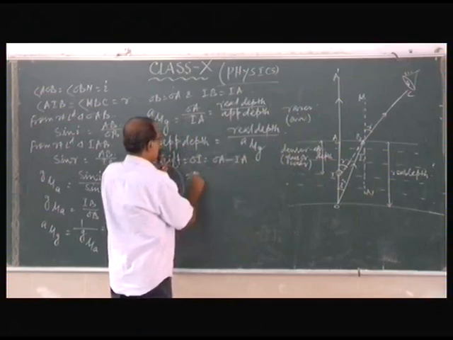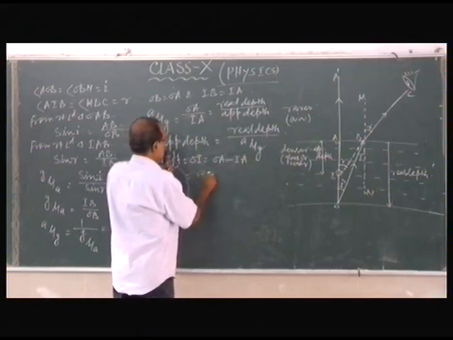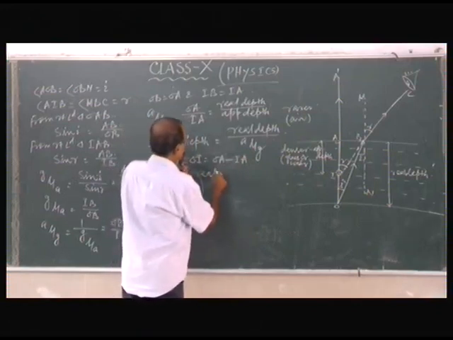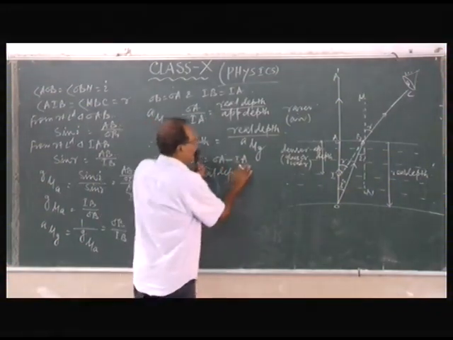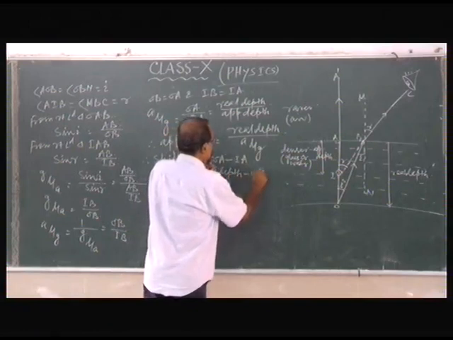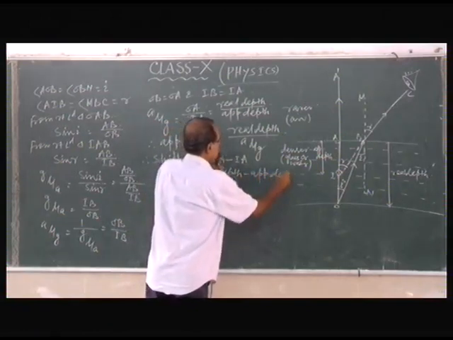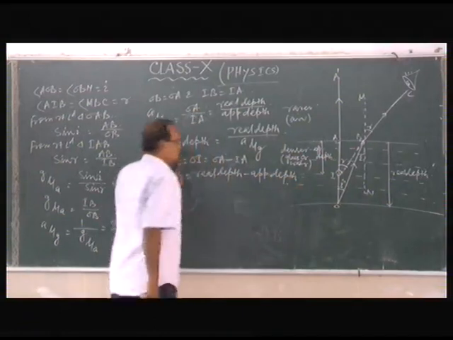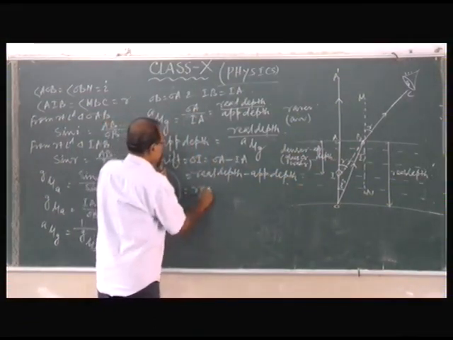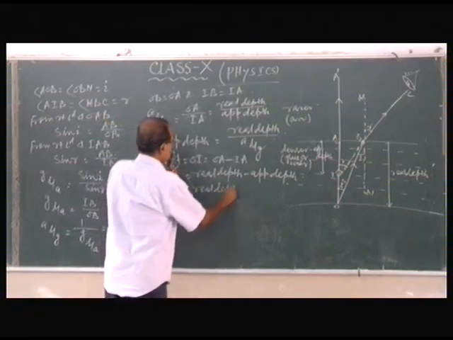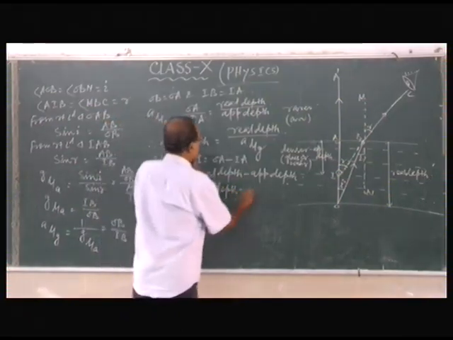That is equal to real depth, OA is real depth, IA is apparent depth. So therefore, shift is equal to real depth minus apparent depth.